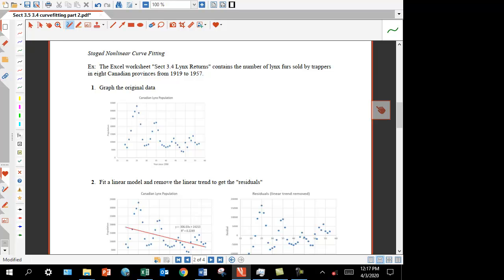And trapping was certainly legal in this time, and the number of pelts or furs that were sold were bought by merchants who were using them to make clothing, and they carefully recorded the number of pelts that they purchased. So we do have this data set.